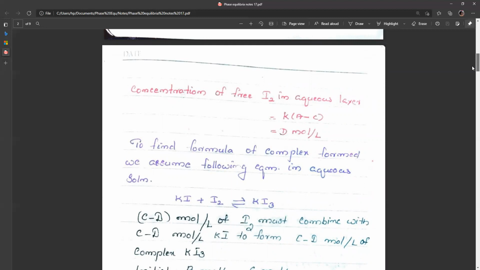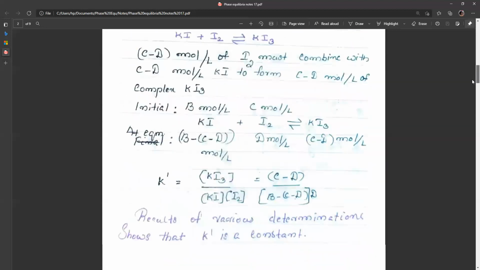So C minus D mole of iodine must combine with C minus D mole of potassium iodide, one mole of potassium iodide combining with one mole of iodine, to form C minus D mole of the complex KI3.